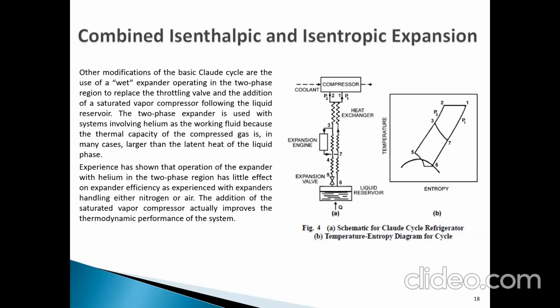Experience has shown that operation of the expander with helium in the two-phase region has little effect on the expander efficiency, as experienced with expanders handling either nitrogen or air. The addition of the saturated vapor compressor actually improves the thermodynamic performance of the system. So, ibig sabihin nagkaroon ng mga specialty para sa fluid, helium o para sa gas.